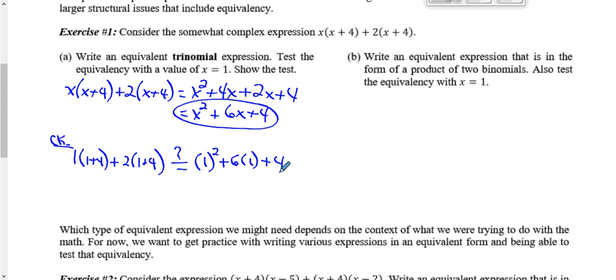Okay. 1 times, this is what, 5? 4 plus 1 is 5, 2 times 5 is 10. What's 1 squared? 1 times 1, so 1. Plus 6 is 7, plus 4 is 11? Question mark, I don't know.